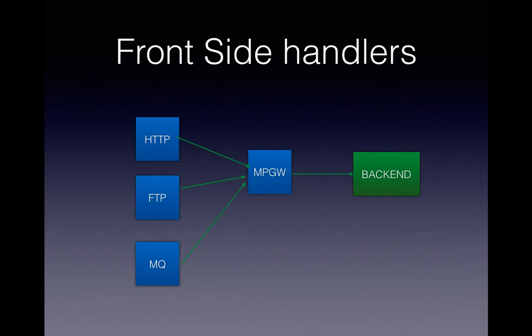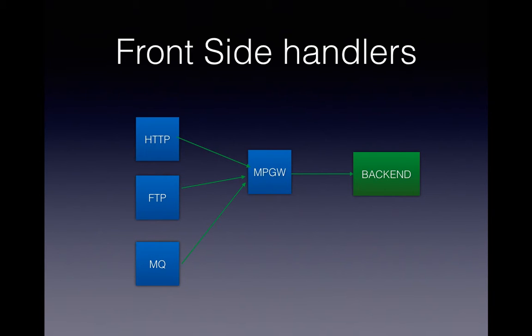If your client is capable of only doing HTTP, you can have an HTTP front-side handler and host a resource. The client will be able to hit an HTTP request onto your front-side handler, and you can get the message and process it through the multi-protocol gateway, which can do the computations it needs and send the result to the backend systems.